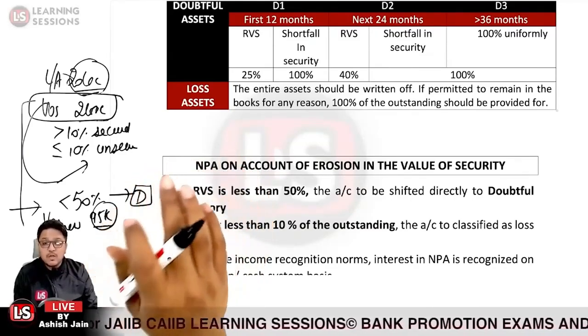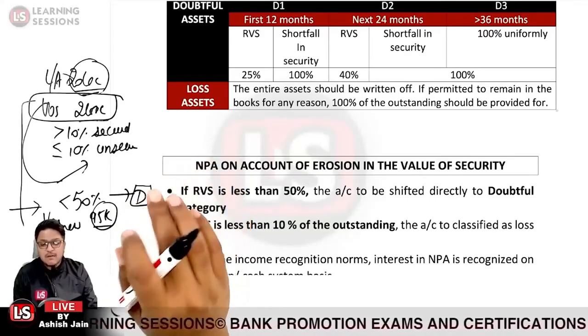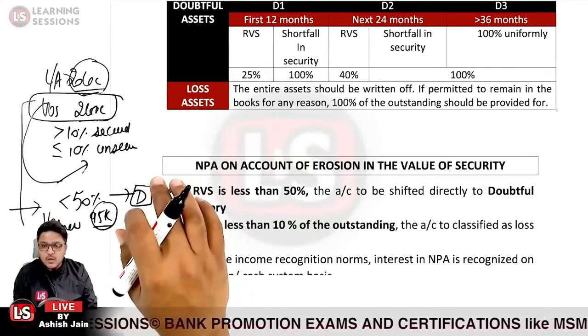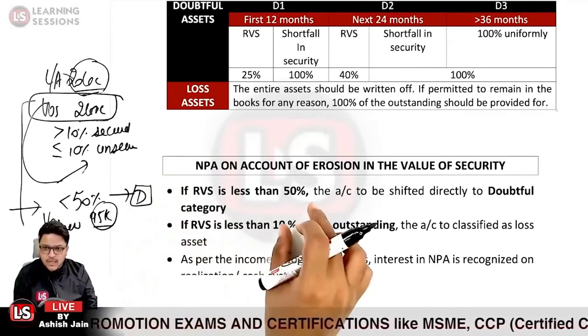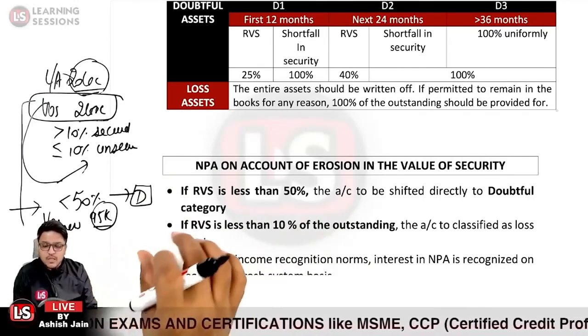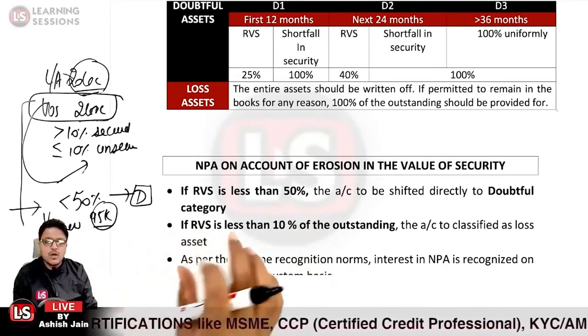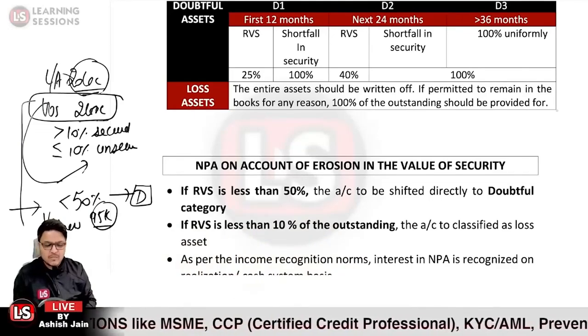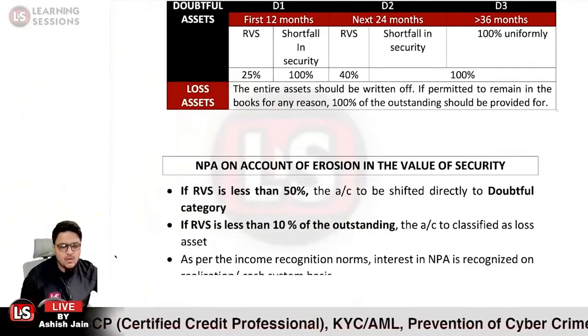But if there is erosion in the value of the security, and the eroded value of security is lesser than 50%, it will be transferred to the doubtful category. And if the eroded value of security is less than 10%, then it will be transferred to the loss asset category. Is that clear?